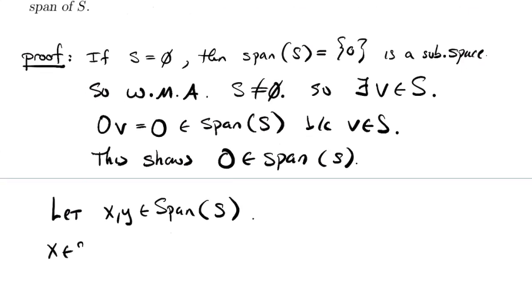If X is in the span of S, then there have to be vectors in S. I think I'm going to call them U1 to UN.